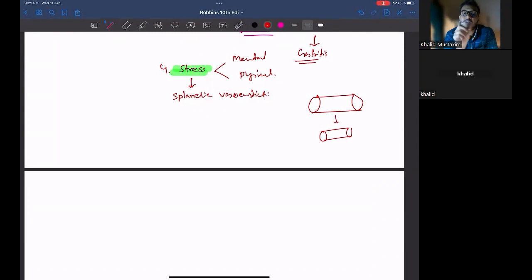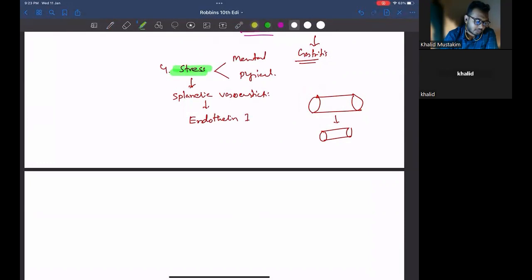But why does stress cause splanchnic vasoconstriction? Because when we are having stress, the endothelium cells within the blood vessels release a substance that is endothelin 1.